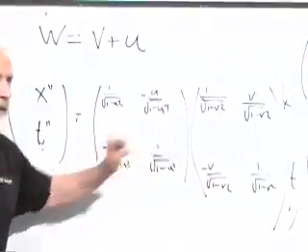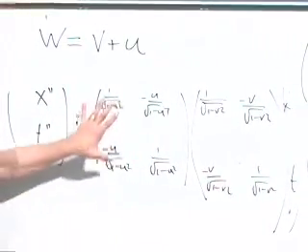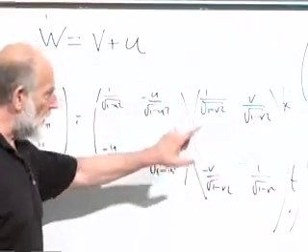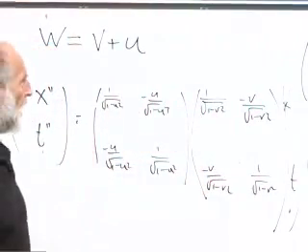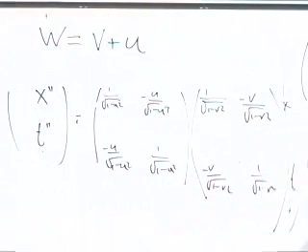We have to multiply these two matrices together to find the transformation between you and him. Okay, this is not so hard to do. Let's actually multiply the transformations.